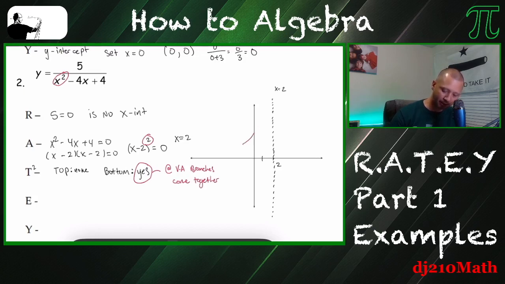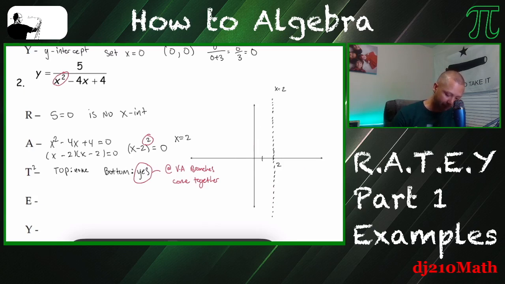They're going to come together like this, or they're going to come together like this. These are the only two options. That's what I mean by coming together: they're going to come together towards the ends of the asymptote. So it's going to be one or the other. We'll get to that in a second.